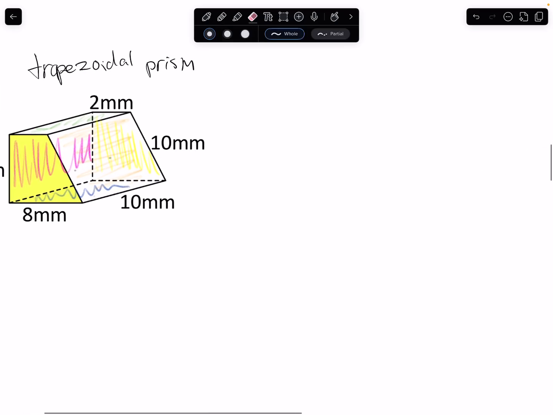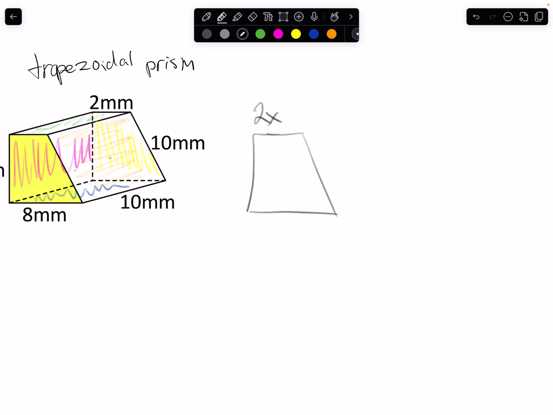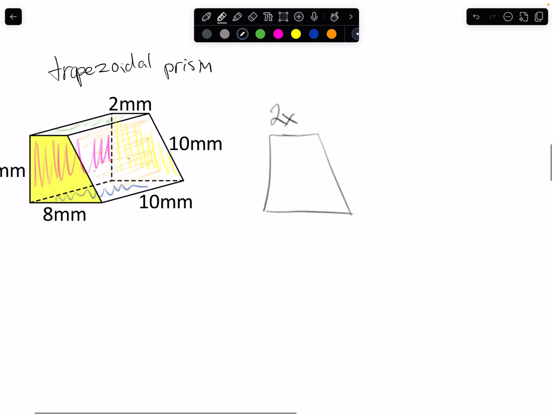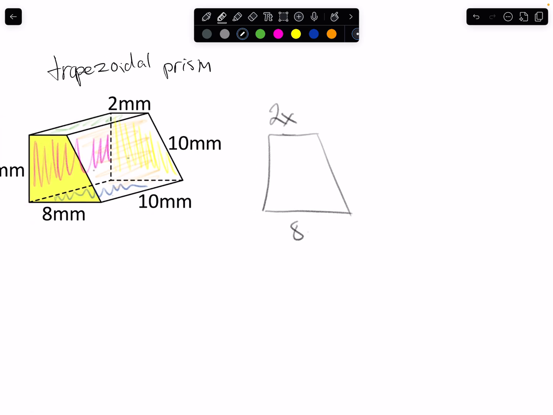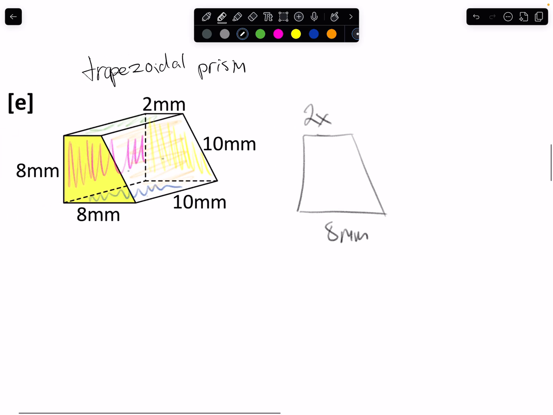So that means we have five different calculations. Okay. First things first, let's draw it out. We have two of the front and back pieces. And this is dimensions 8 millimeters and 8 millimeters.